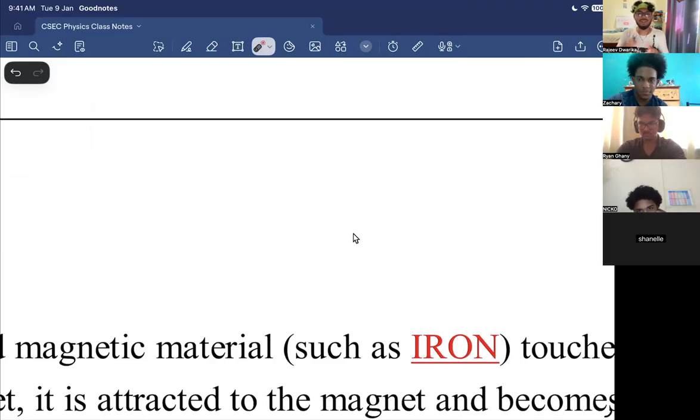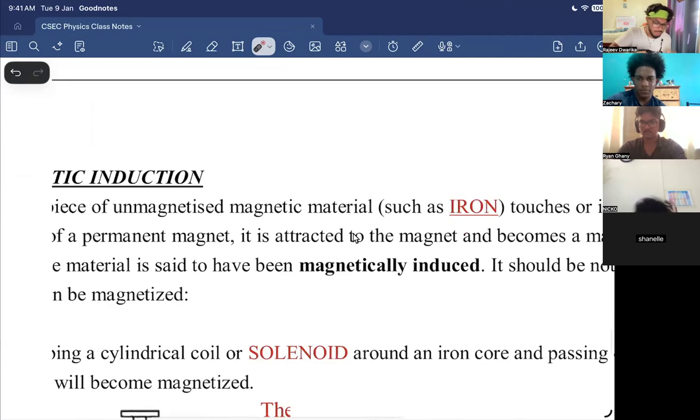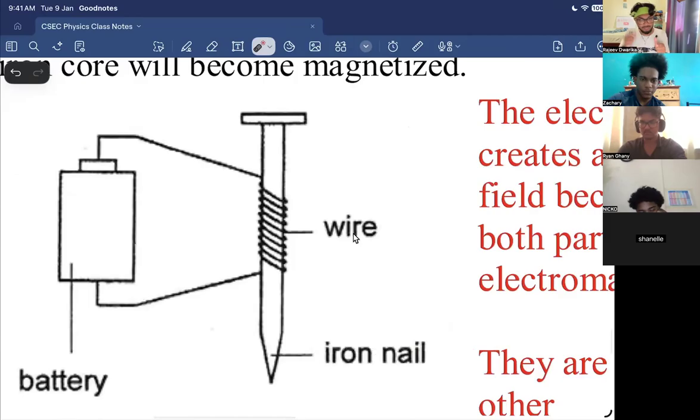What is the device used to channel their magic? So what are we using to channel the magnetic field we create? Not the conductor. What are we using to channel the magnetic field we make from the conductor? Yeah, the iron nail. Exactly.